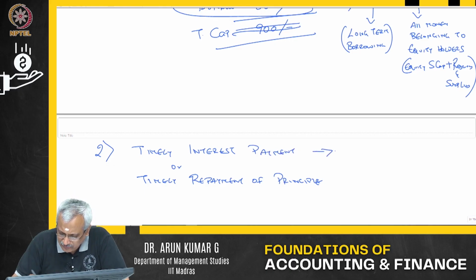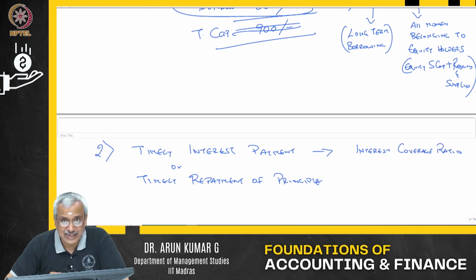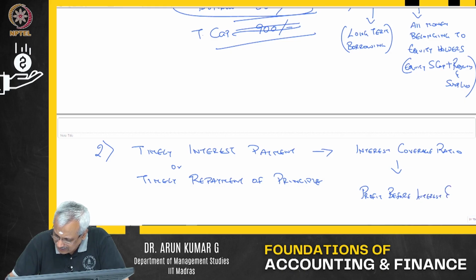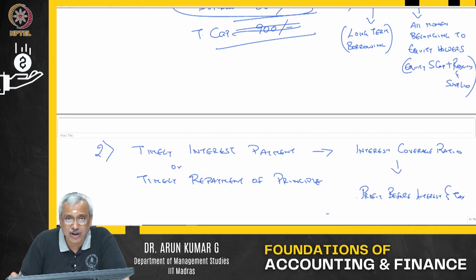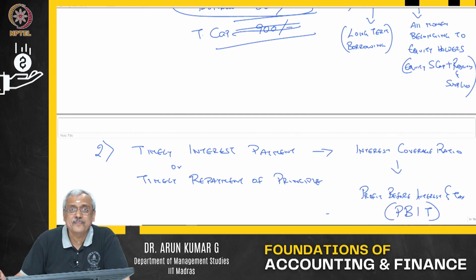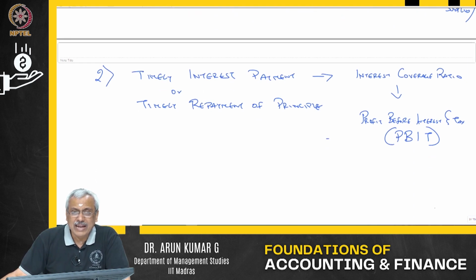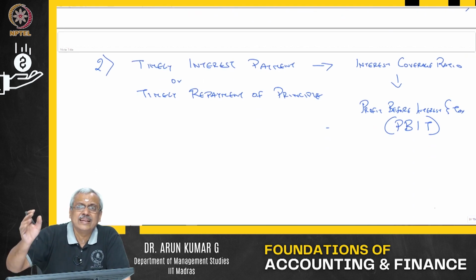For this, we show what is called the interest coverage ratio. That is, we say whether the profit before interest and tax, or what we call PBIT, is sufficient.